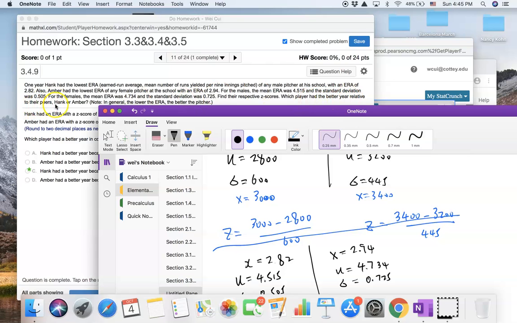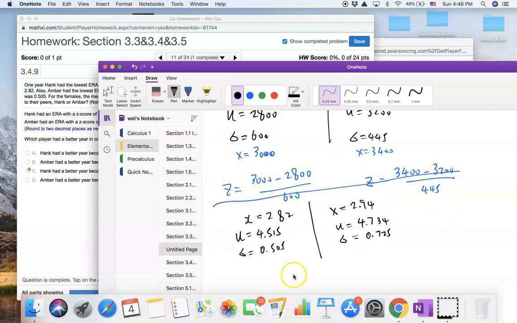to their peers. In general, the lower the ERA is, the better the pitcher is. So first, we compute the z-score for Hank and Amber and see who got the lower z-score.